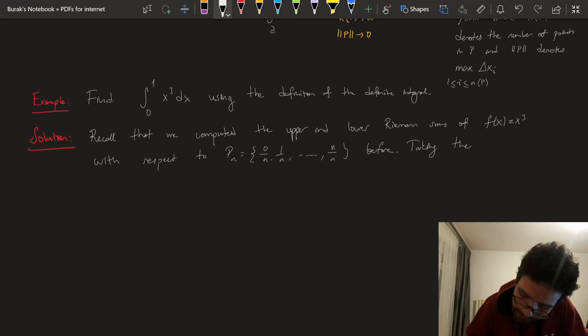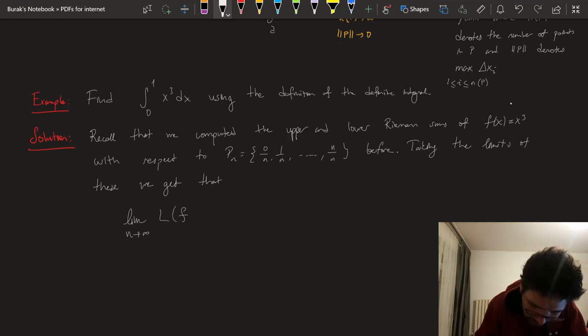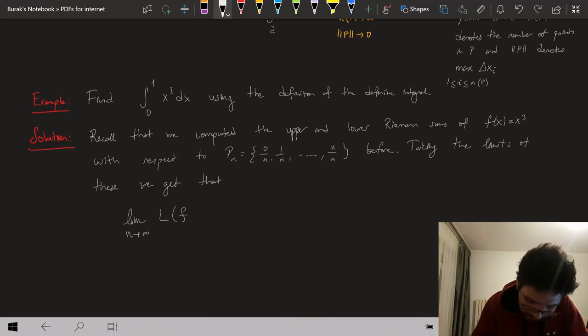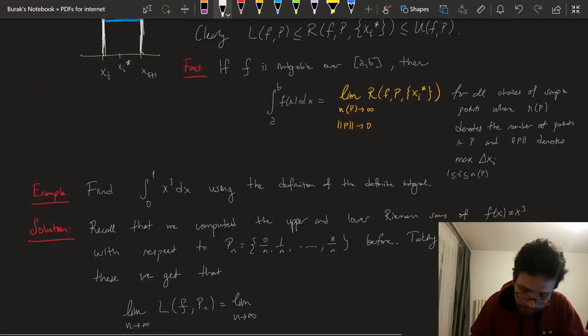Taking the limits of these, we get that. Now let me take the limit of the lower Riemann sums of the function f of x equals x cubed with respect to Pn. We computed this before, over here.